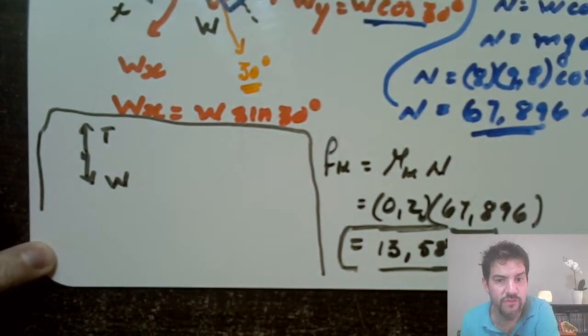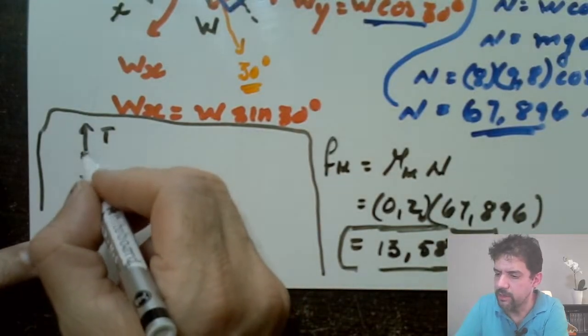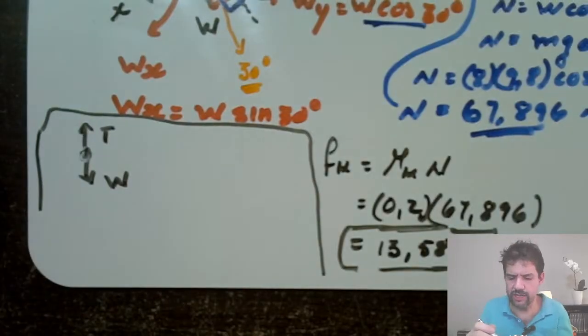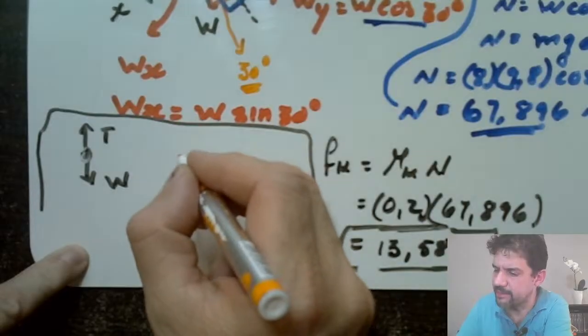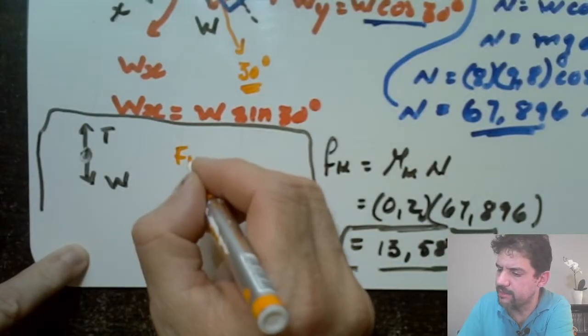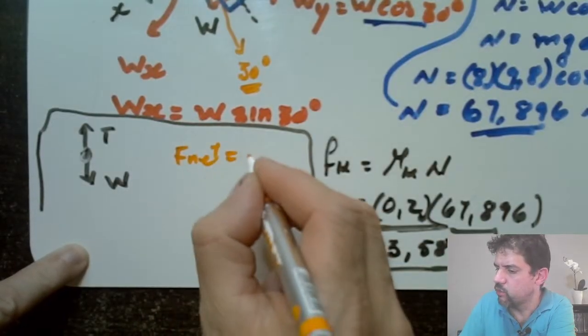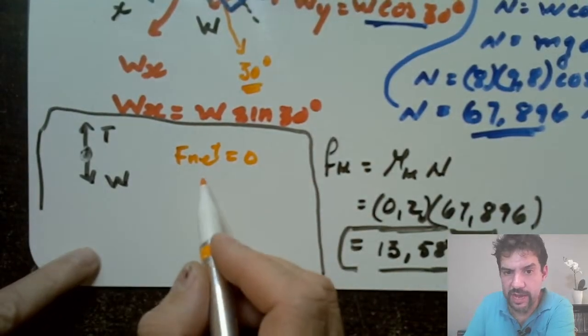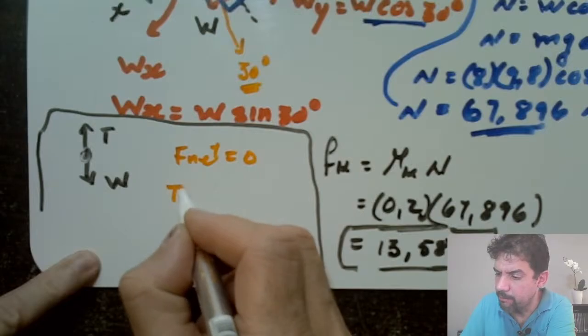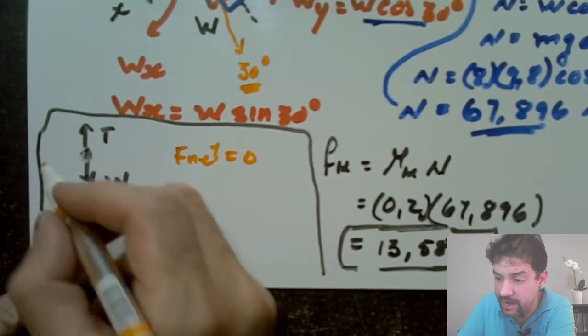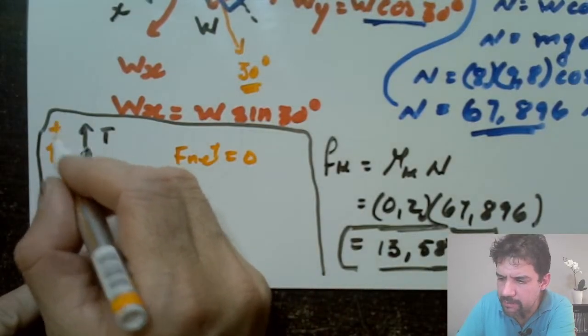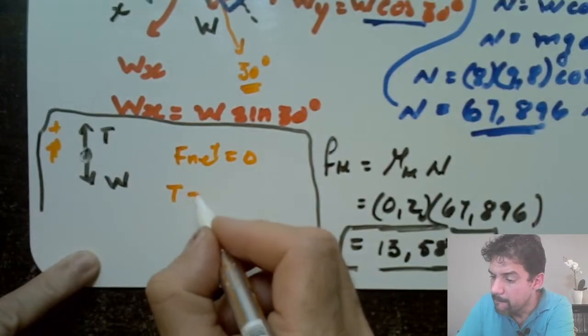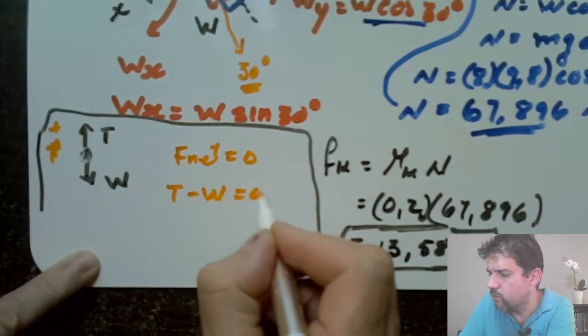Remember, the objects are moving with constant velocity. So in this case, F net is equal to 0. There is no acceleration. What forces are acting here in the y-axis? T, positive because the object is moving up, so up is positive. T minus weight is equal to 0.